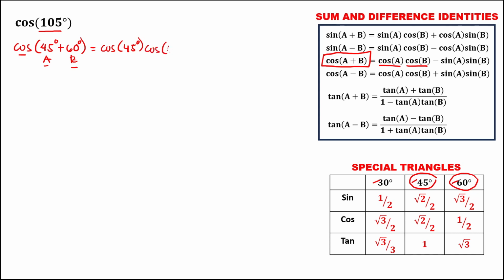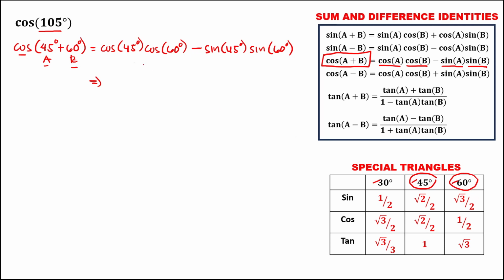So cosine 60 degrees, then minus sine A, and A is 45 degrees, so sine 45 degrees, then times sine B, and B is 60 degrees, so sine 60 degrees.